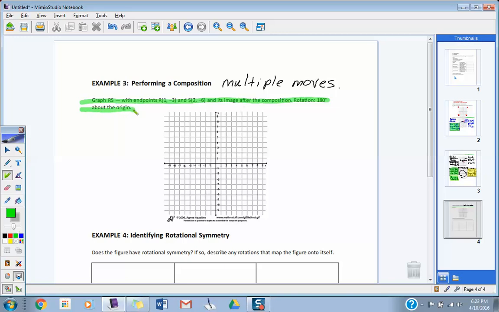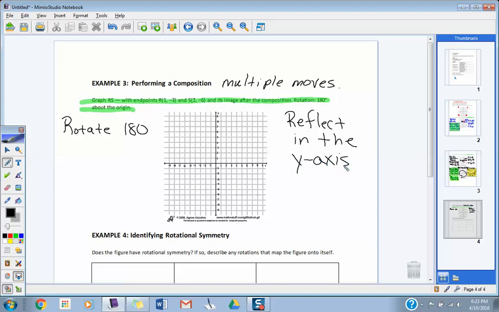First it says to rotate 180. We're going to rotate our figure 180. That's first. Then after we rotate it 180, we're going to reflect it in the y-axis.